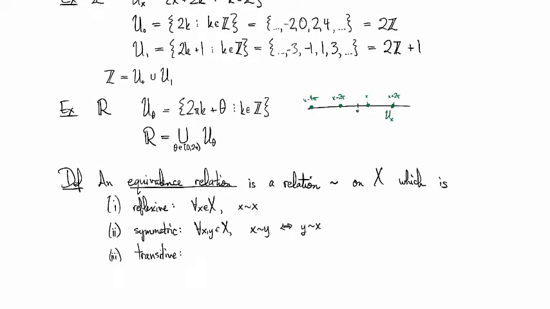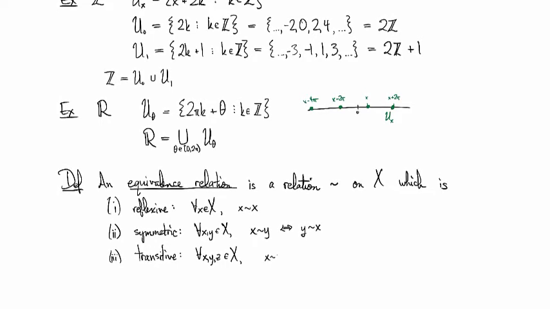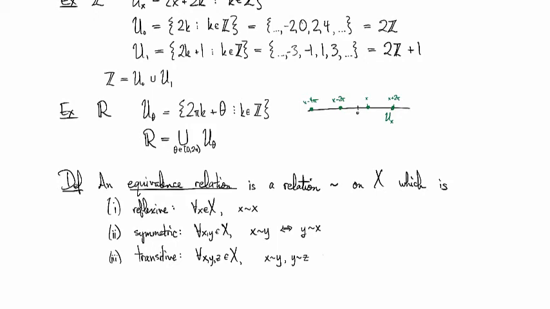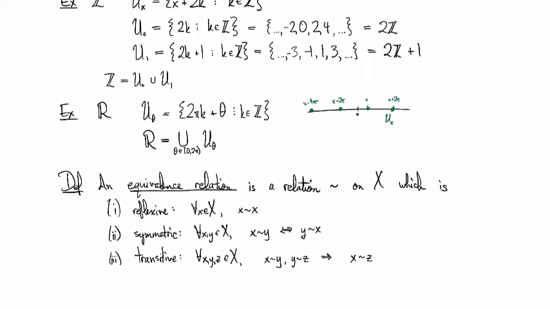The relation is transitive if and only if, whenever you have three elements, if x is in relation to y and y is in relation to z, then it must imply that x is in relation to z.